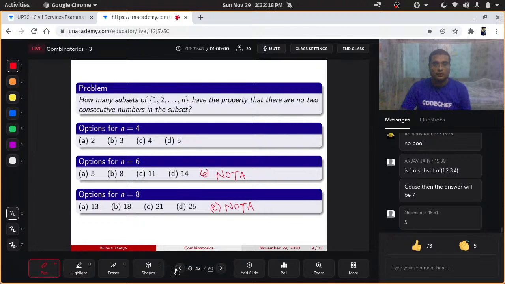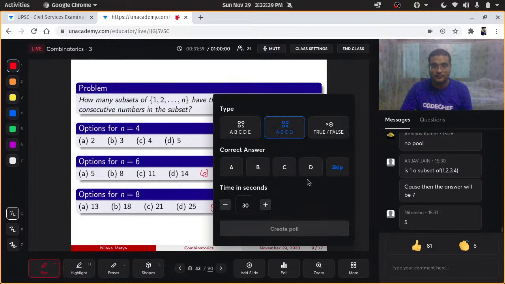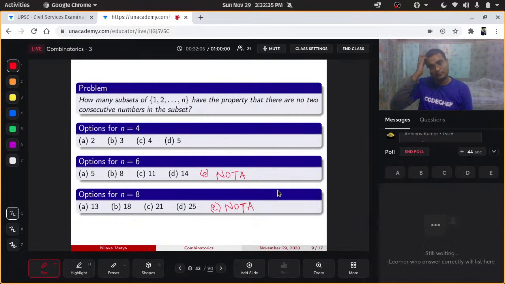This is the poll for now. I will be conducting the poll for n equals 6, and I'll give you 45 seconds. You will have 5 options. I will not tell you the answers right now.